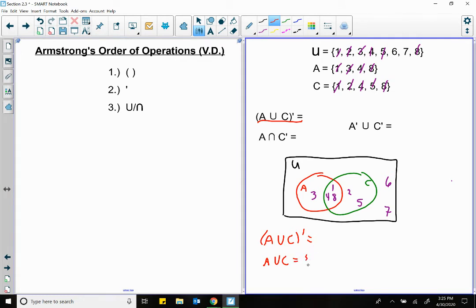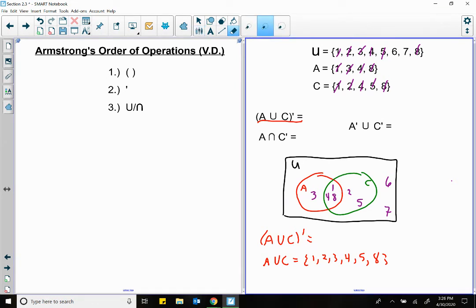Remember, union says, give me everybody in these 2 sets. So the union of A and C would be 1, 2, 3, 4, 5, 8. Because those are all the numbers that are in the circle A and the circle C. 1, 2, 3, 4, 5, and 8.